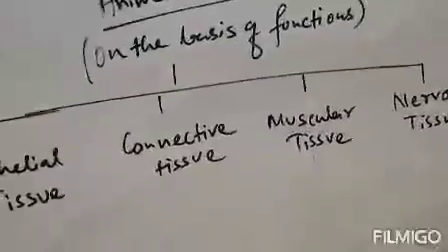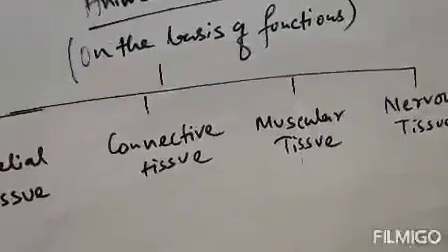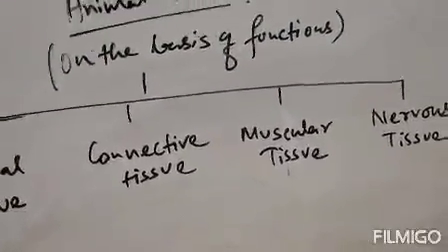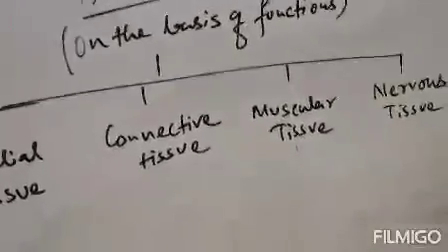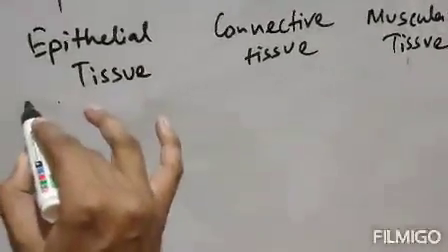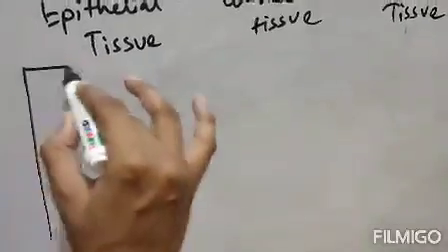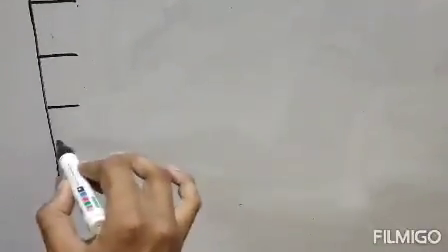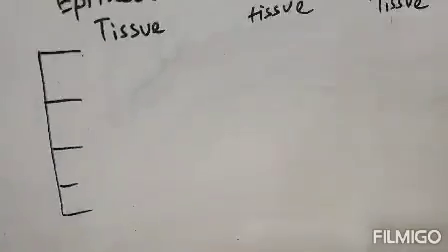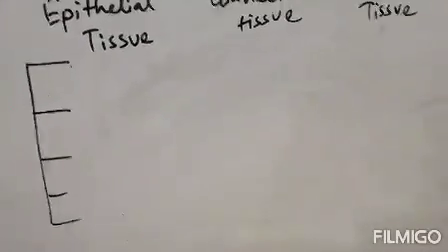Coming to epithelial tissue, this epithelial tissue is further subdivided into 5 parts. The first is squamous tissue.